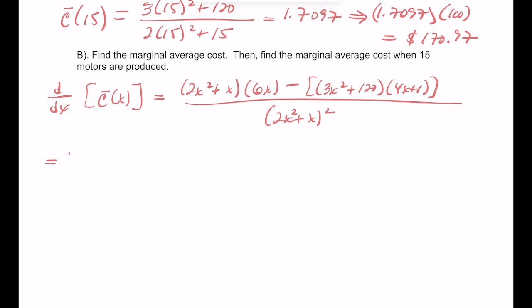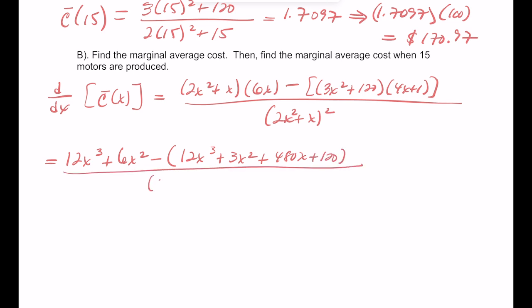Okay, and then the rest is just distribute and combine like terms. So we end up getting 12x cubed plus 6x squared minus the quantity 12x cubed plus 3x squared plus 480x plus 120, all over the quantity 2x squared plus x, squared.